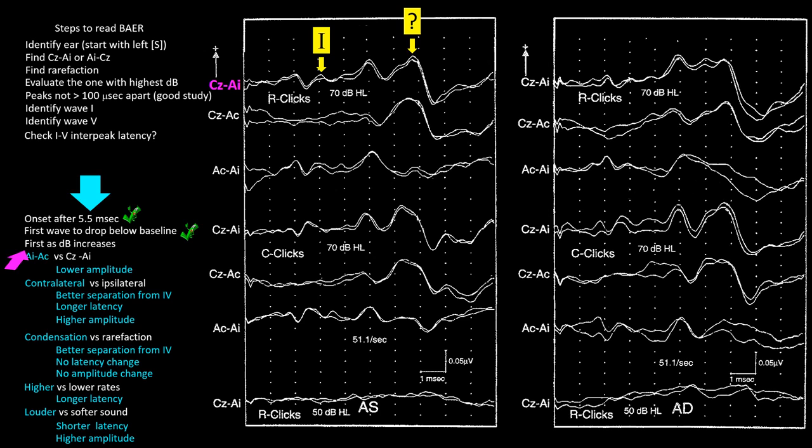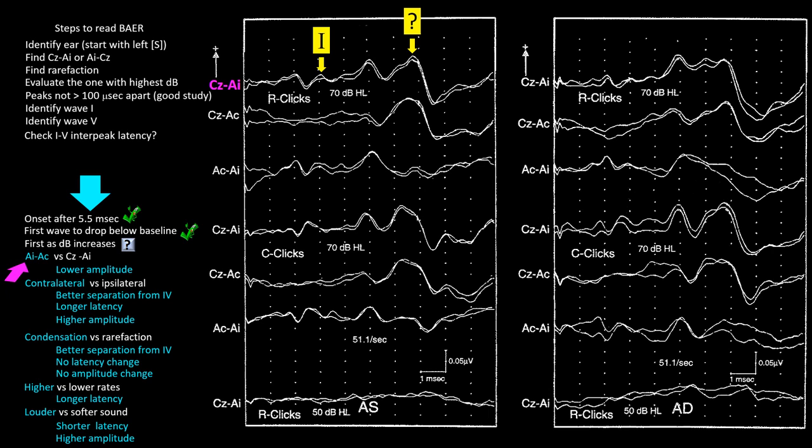Next, when different intensities are used, starting at a low dB, we can see that wave 5 is the first one to appear. Yet, no such exercise was done in this case, so this item remains unknown.